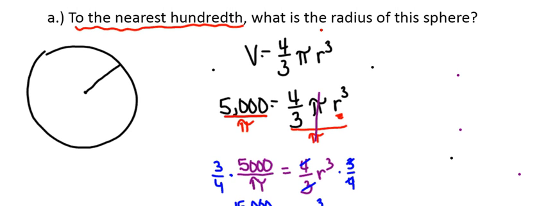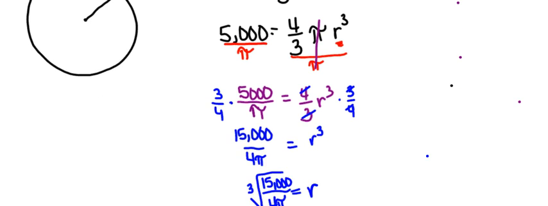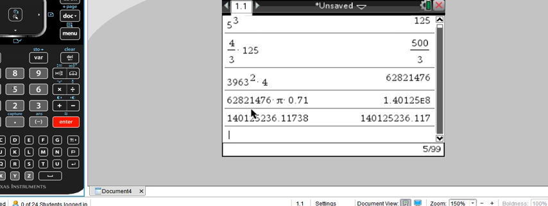And again, notice that in this problem, they ask us to round to the nearest hundredth. Since we're being asked to round, that's a major indication to us that we're going to need to put this information into our calculator. So I'm going to go ahead and type into my calculator the cube root of 15,000 divided by 4 pi. And to access the cube root, I'm going to go in here to this little menu next to the book.